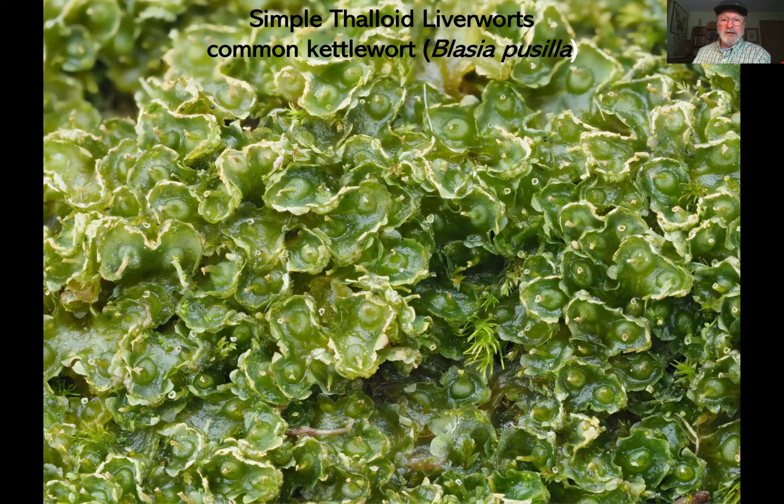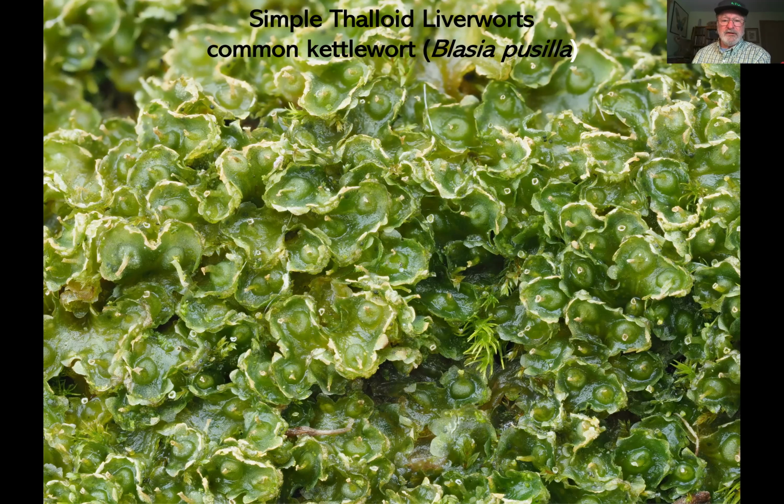But something that I just learned about Blasia, I learned in an online course about hornworts. The reason it came up was because Blasia, like almost no other plants except hornworts, has an association, a symbiosis with blue-green bacteria, cyanobacteria.